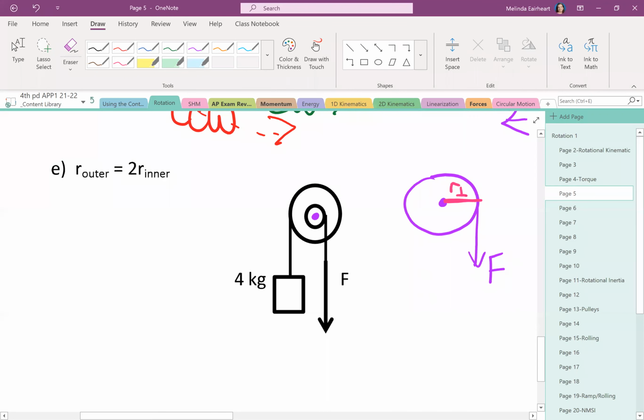Well, if you're dealing with a cylinder or a disc that's circular in shape, isn't that lever arm going to equal the radius of that disc? And so what they're showing us, I have two discs. The radius of the outer disc is twice that of the inner. Now they don't give us numbers, but couldn't we say the inner is 1 and the outer is 2? As long as I play the correct proportion game, yeah.